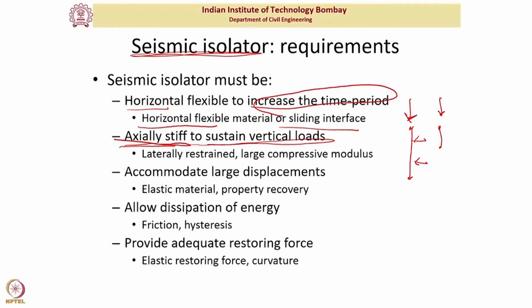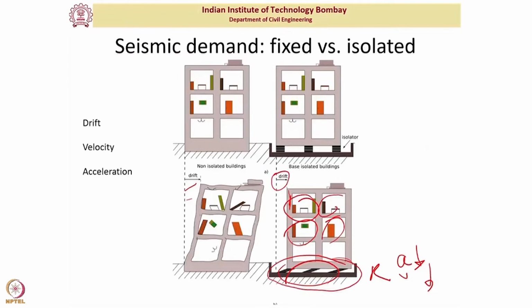So basically I would need something that is either laterally restrained, in terms of axial stiffness, or has a large compressive modulus. If I have those properties, then I can accommodate large vertical loads, or the total load of the structure.